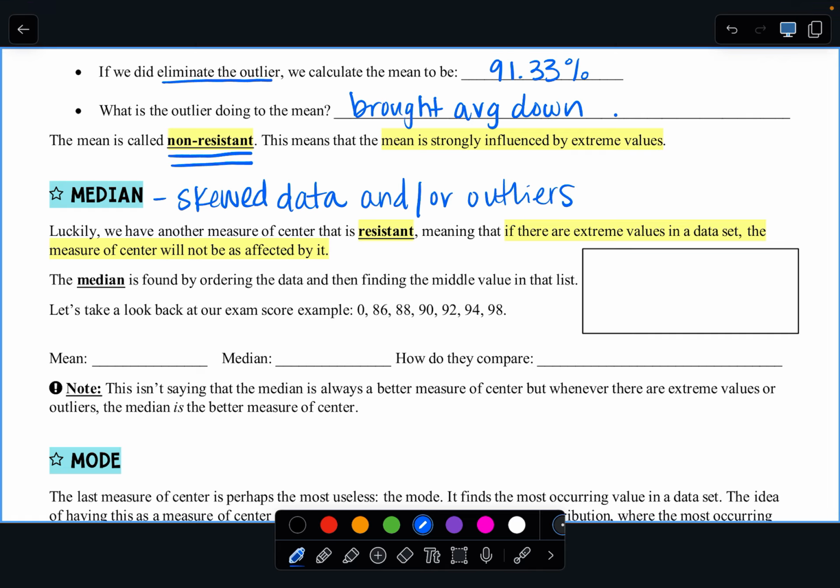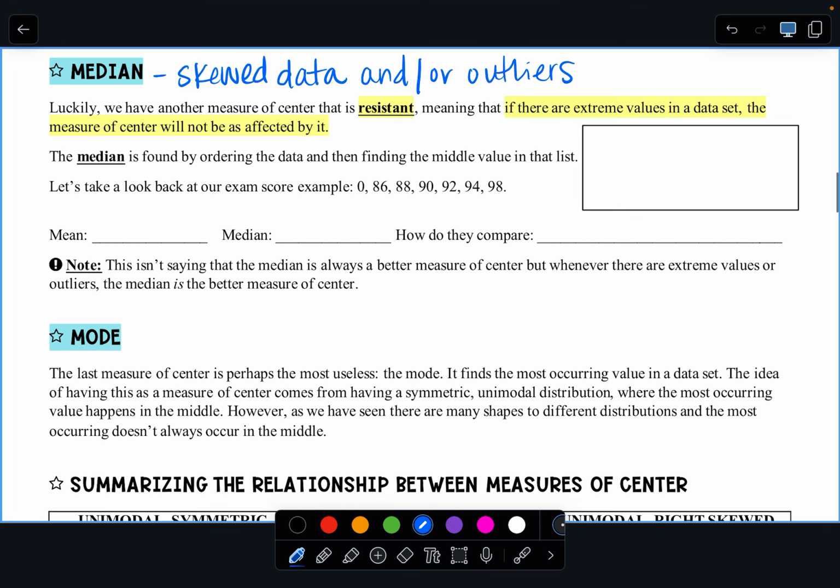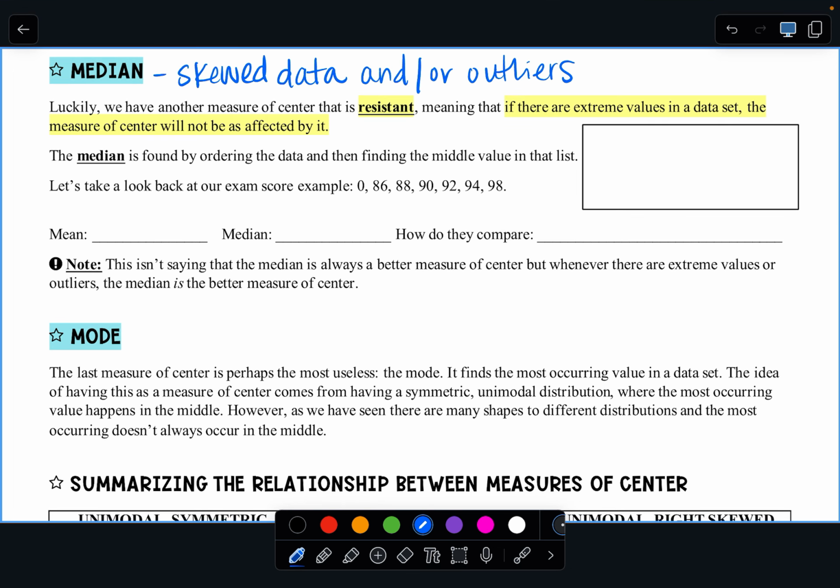Now, even if I had that 0, so they took the 0, we decided there's no reason why they shouldn't have taken the test, they just decided not to take it, and so we look at the median score instead. I put all the tests in order, like you would for finding the median, and you can still go old school, cross off on each side until you get to the middle.